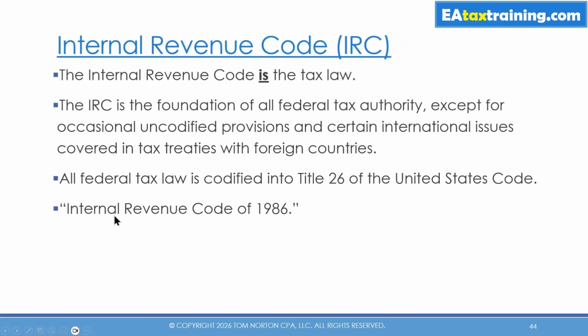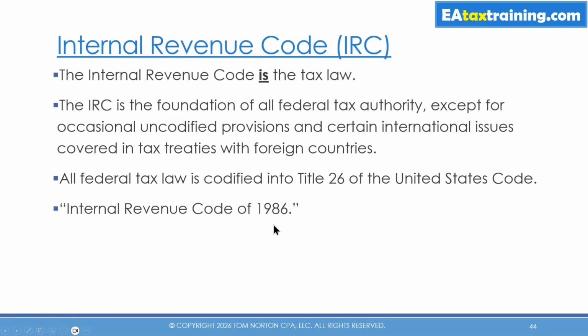Every few decades, there is a major overhaul of the tax law done, and they will rename it for that year. The last time an overhaul that large was done was in 1986. Trivia question: what was it before it was the Internal Revenue Code of 1986?